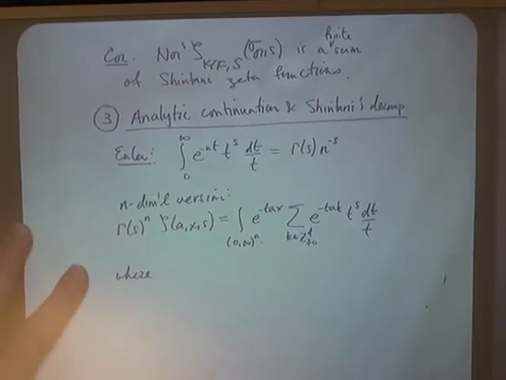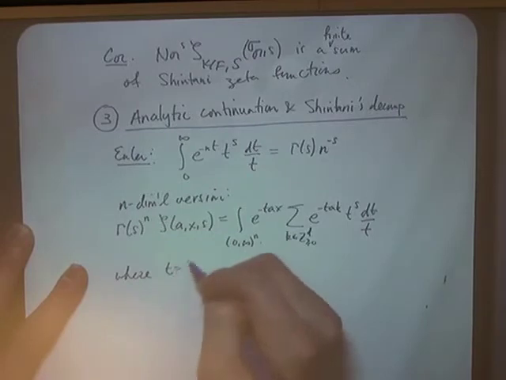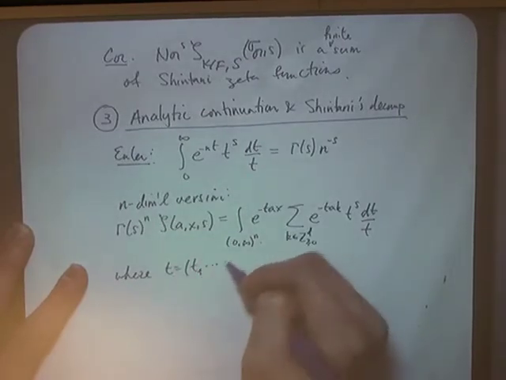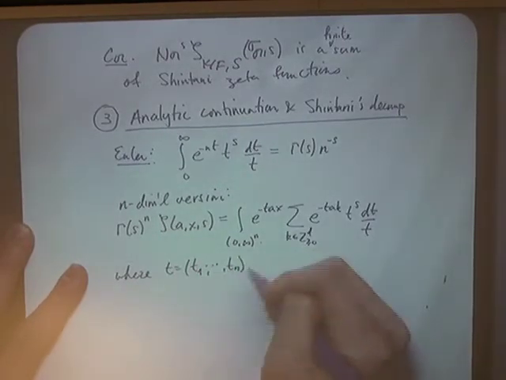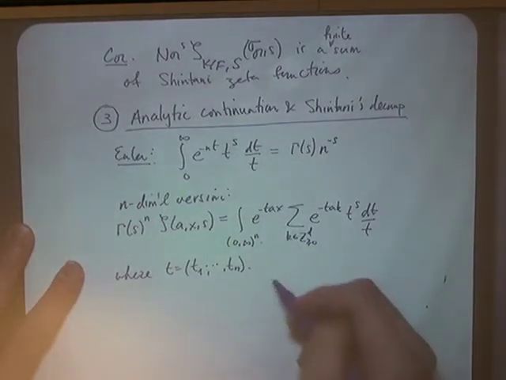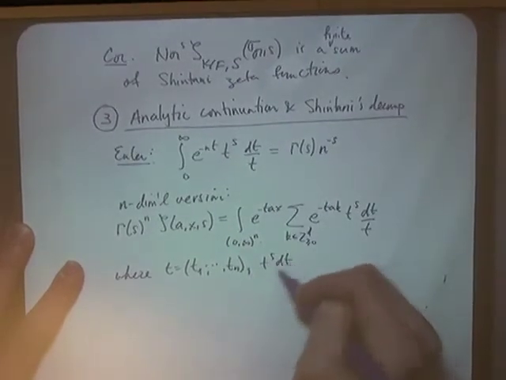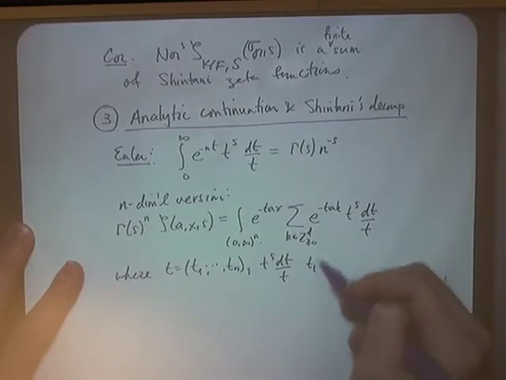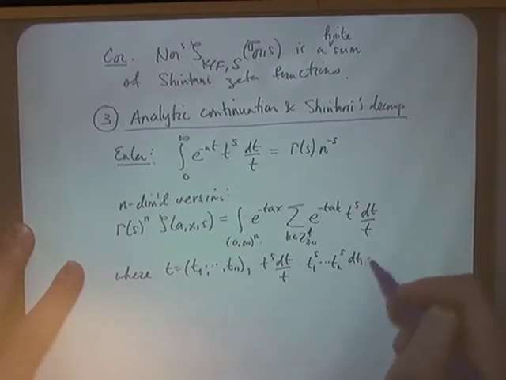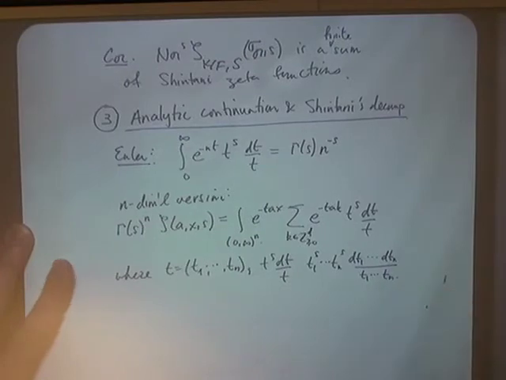All right, so I should explain some of the shorthand in the integrand here. So t, I'll view as a row vector, so the multiplication in the exponent there makes sense and gives me a number. And t to the s dt over t means what you think it means, just t1 to the s times tn to the s times dt1 through dtn, all over t1 times tn.